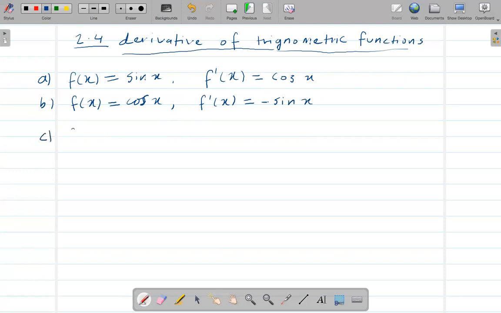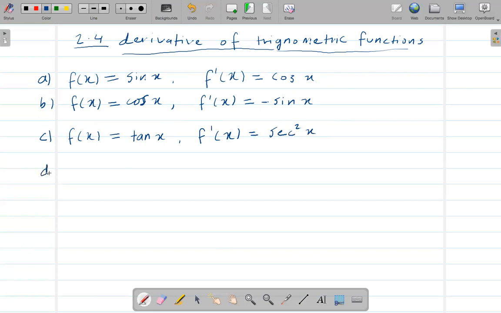Similarly, let's say f of x is tangent of x. When you take the derivative of this, it will be secant squared x.